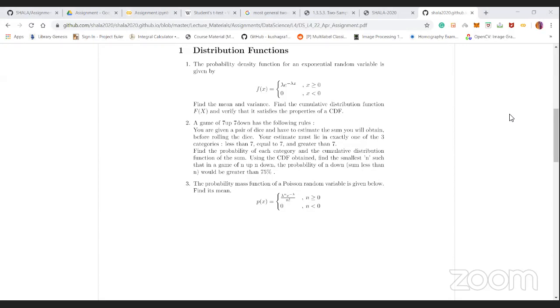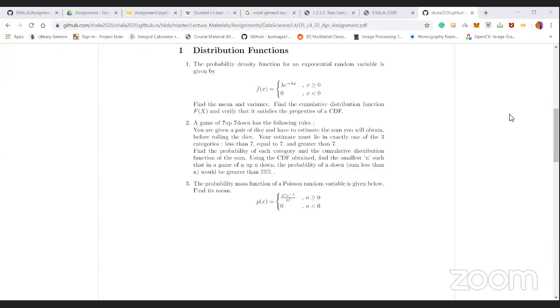So we should get at least 27 favorable outcomes. What we can do is write down the sum in descending order and see for which value of n we are getting at least 27 outcomes. The maximum possible sum is 12, and that is only one outcome. So the probability of being less than 12 is 35 by 36.